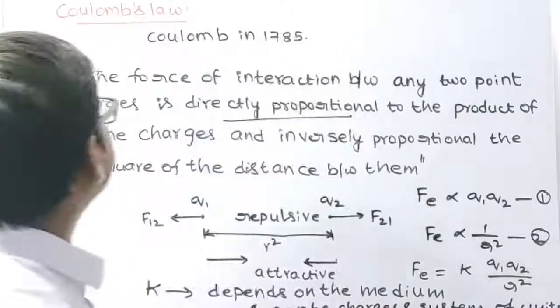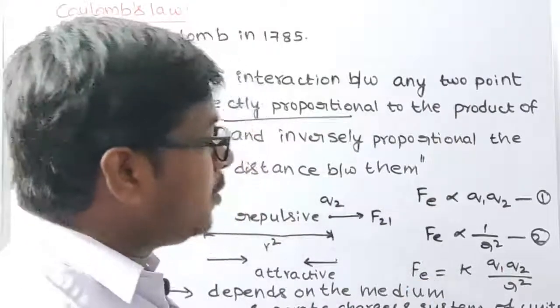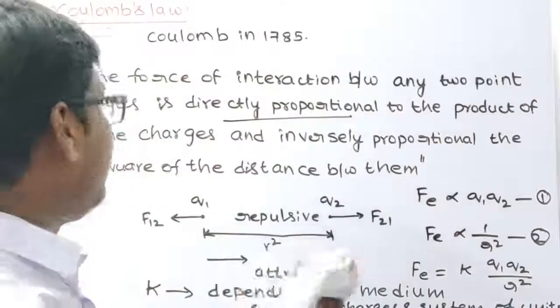This is Coulomb's law: Fe is equal to K into Q1 Q2 by R square.